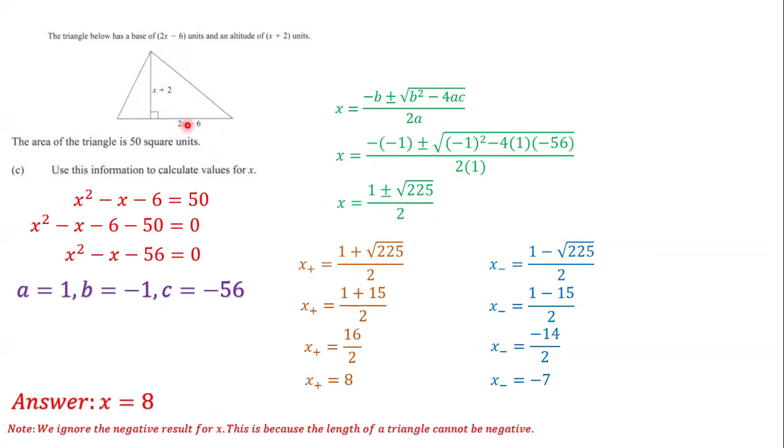And if we substitute x is equal to negative 7 into this equation, it'll be negative 7 plus 2, which is a negative result. And this length cannot be negative. It has to be positive. And so we have to ignore the negative result, but we can use the positive result. And so x is equal to 8.